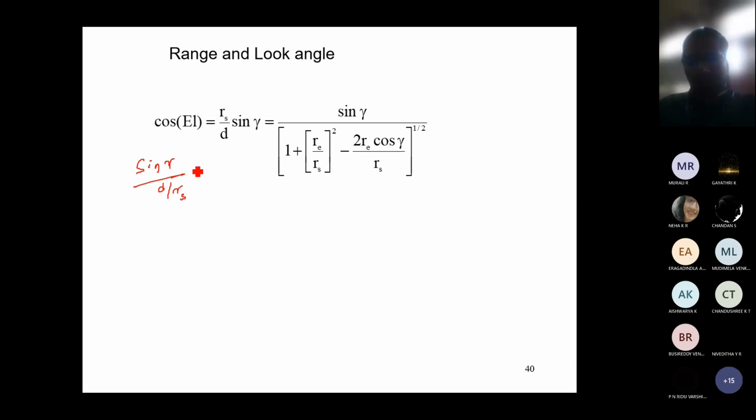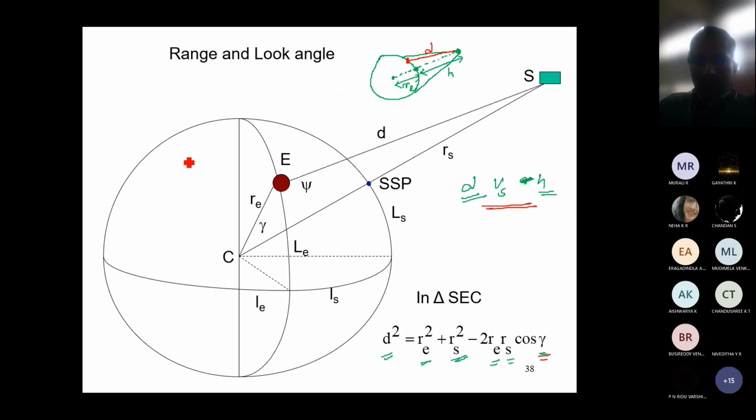All right. Now come back to this particular slide. We have this equation. Now divide the left hand side by Rs, right hand side by Rs. No, Rs square. We will divide by Rs square.